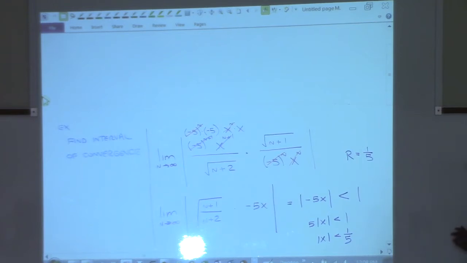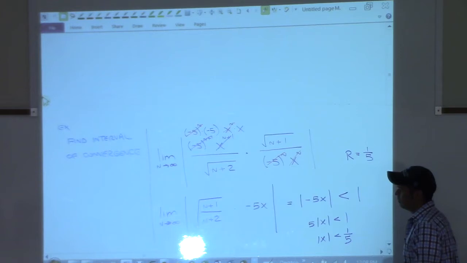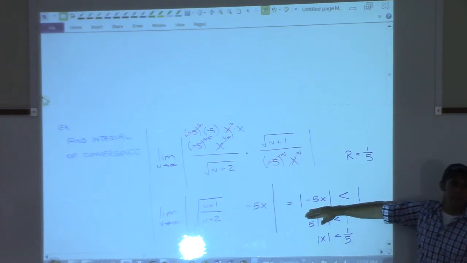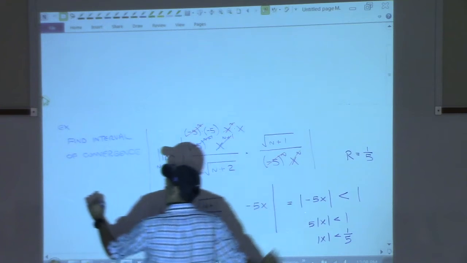Or is it going to matter? It's not going to matter. So what should my next line be? It'll just be 5 times the square root of that. Oh, sorry. So I'm working with this line here: the absolute value of 5x less than 1.